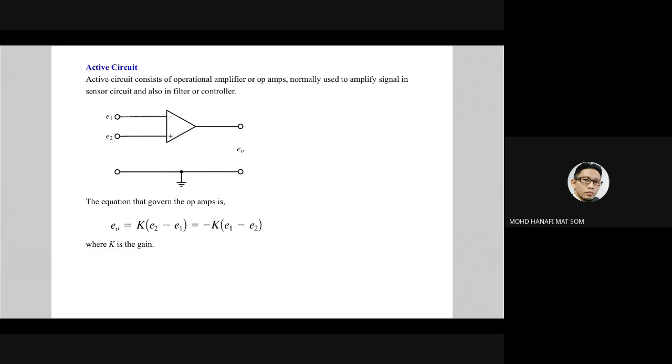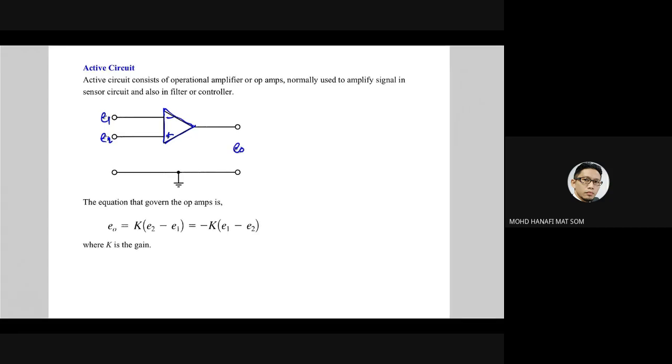All right, so the basic op amp: we have this op amp here, and then we have the negative and positive terminals, and we have the inputs E1, E2, and the output E0 over here.